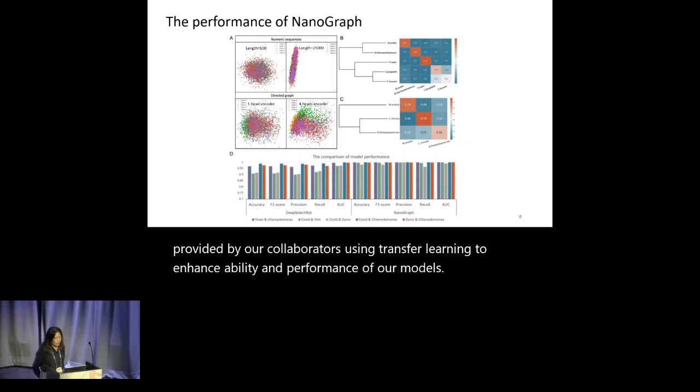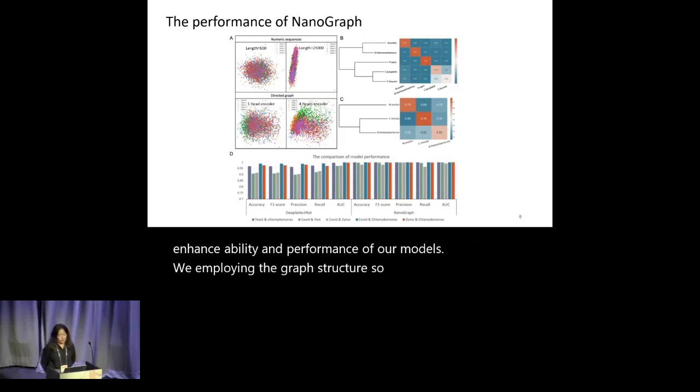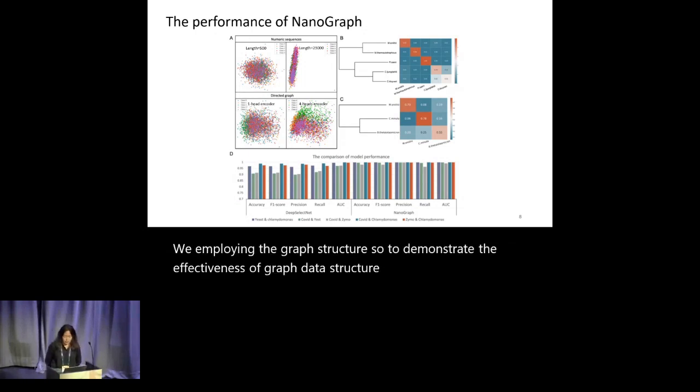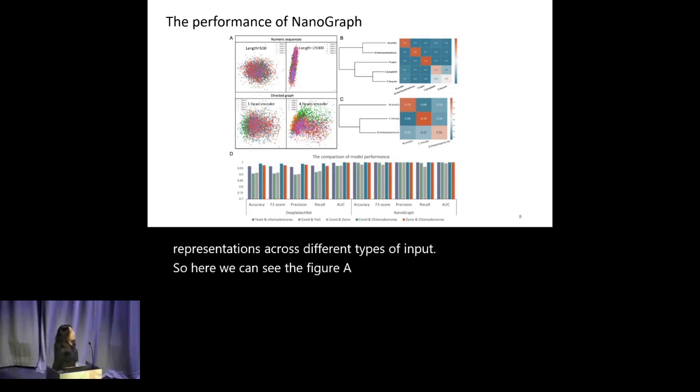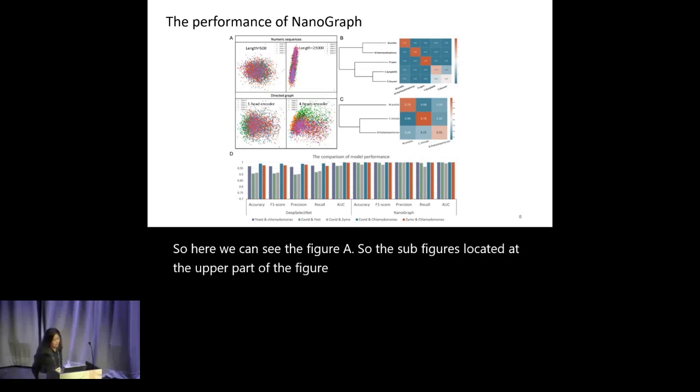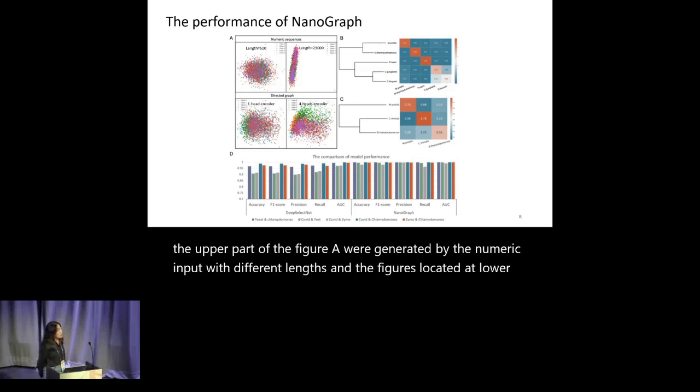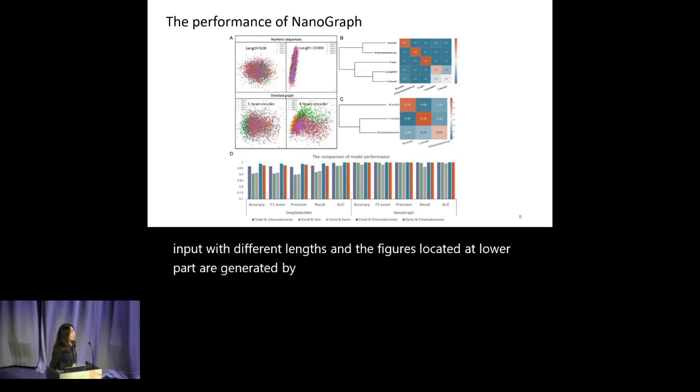To demonstrate the effectiveness of the graph data structure, we have visualized the representations across different types of input. Here we can see figure A. The sub-figures located at the upper part of figure A were generated from the numeric inputs with different lengths, and the figures located at the lower part are generated from the graph embeddings, which are encoded by the graph attention neural network.